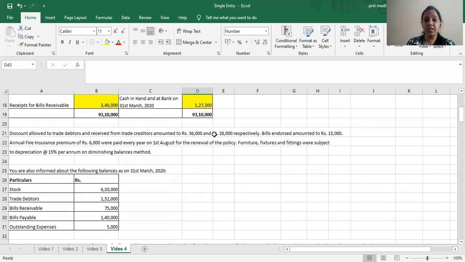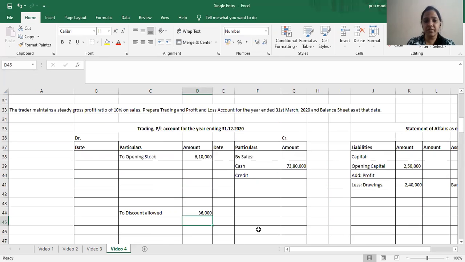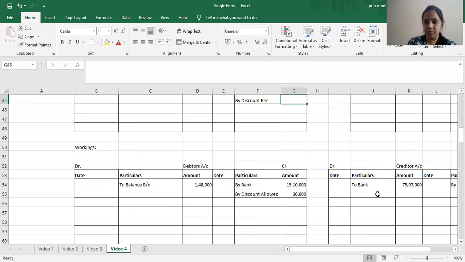And then discount received is 28,000. Discount received, it's an income. So I am writing it over here by discount received. And creditors account, it is to discount received.